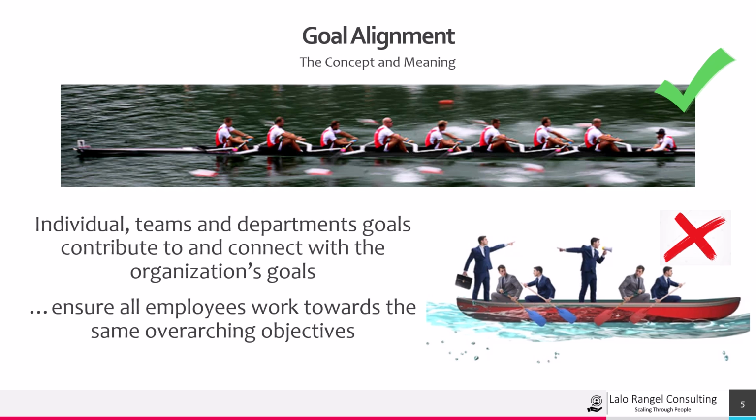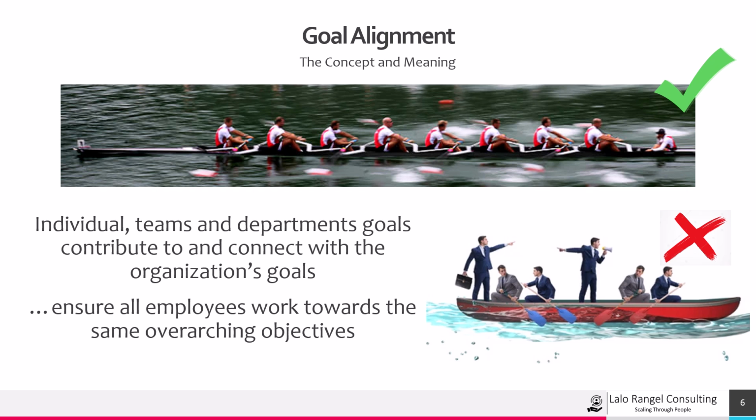This is with the goal in mind that everyone is going to achieve their goals. Individuals will achieve their goals, which are connected to the organizational goals, and once the employees achieve their goals, they're going to be supporting the company to achieve the company's goals.